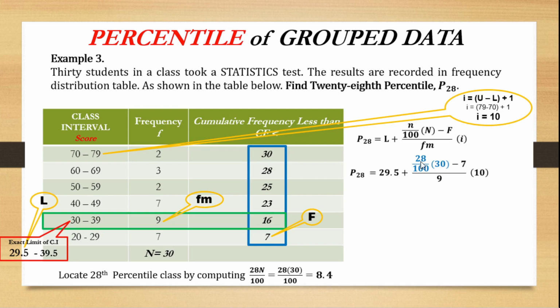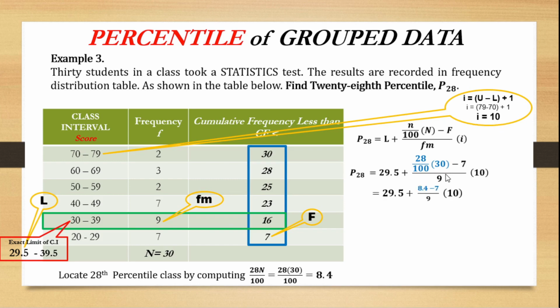So that becomes 28 divided by 100 times our uppercase N, the total number of frequencies, which is 30, minus the uppercase F, which is 7. Our Fm is the frequency of the percentile class, which is 9, times the class size interval I, which is 10.